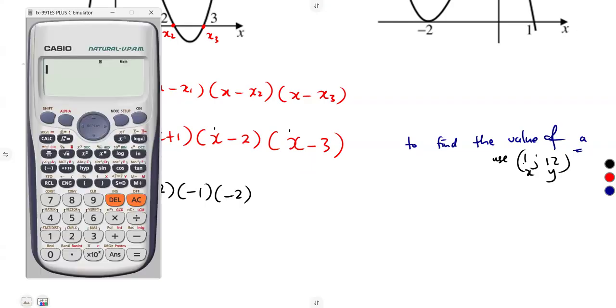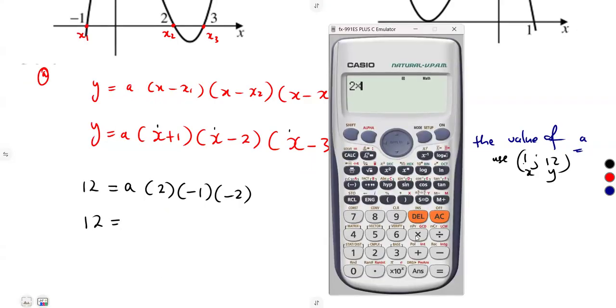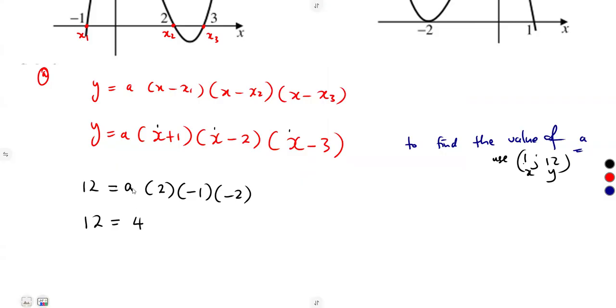Multiply on your calculator: 2 times -1 times -2 gives us a positive 4. 4 times A, which is 4A.